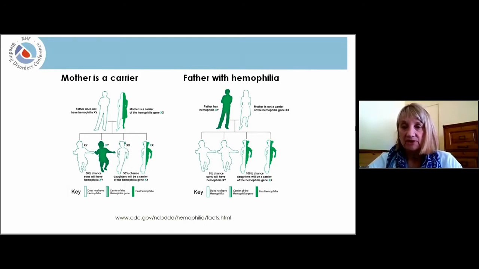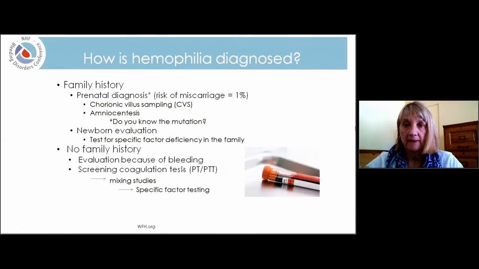And then, as I mentioned earlier, 30% of patients have no family history, and they are what we refer to as a genetic mutation. And that mutation can either occur in mom as a carrier or in the baby as a son with hemophilia.